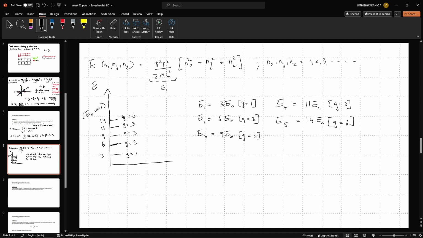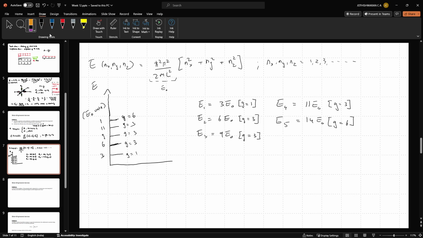before going on to, oh yeah, so this is 1, 1, 1, this is 2, 1, 1, and this is 2, 2, 1. I forgot 2, 2, 2, which would be 4, 4, 4, 12. So that will be over here, before 14.